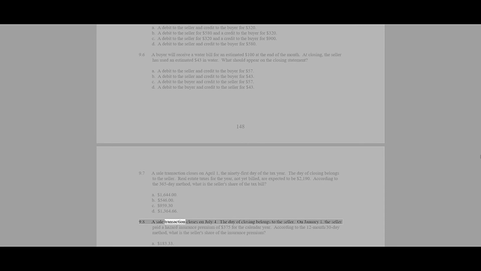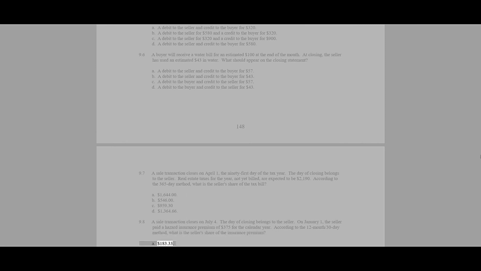9.8 A sale transaction closes on July 4th. The day of closing belongs to the seller. On January 1st, the seller paid a hazard insurance premium of $375 for the calendar year. According to the 12-month/30-day method, what is the seller's share of the insurance premium?